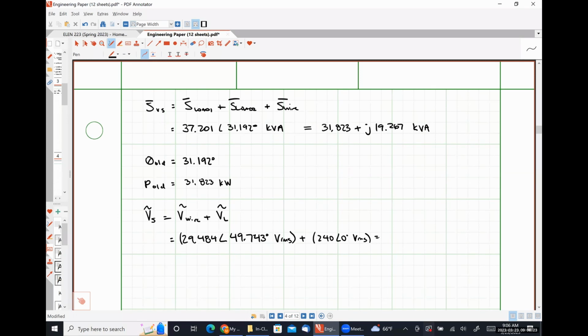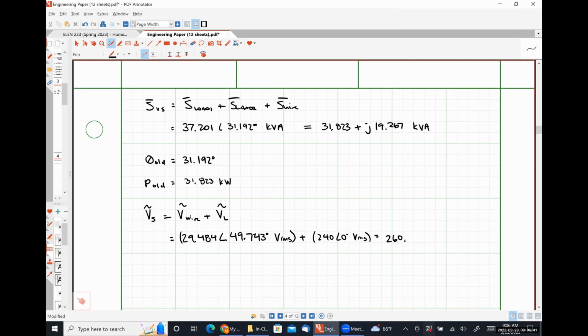29.484 angle 49.743 plus 240 gives me 260.028 angle 4.964 degrees volts RMS.